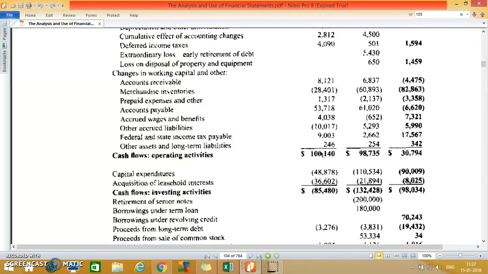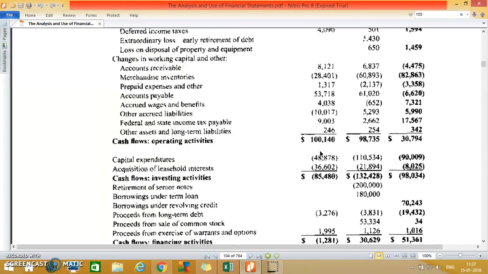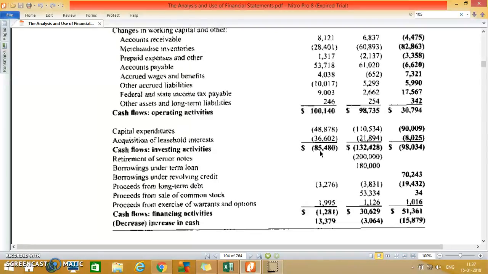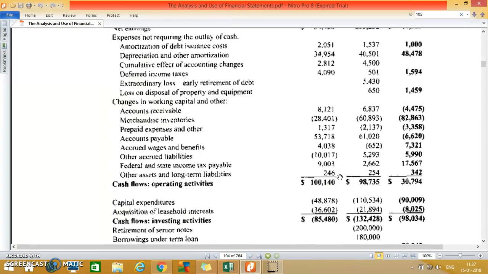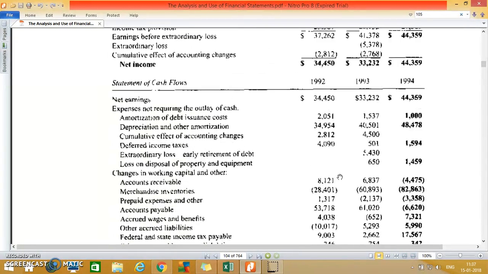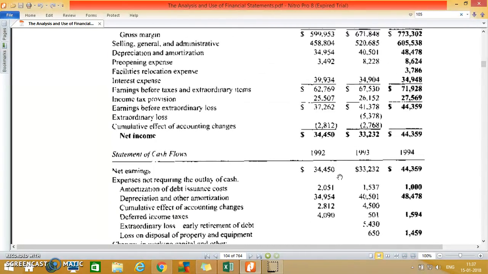And then you find that the cash from investing activities and the cash from financing activities have been given. One noticeable difference that I find from the problems we have been doing is again the interest expense. As I said, whenever there is this net earnings, you actually adjust for all the non-cash expenses. At the same time, we also adjust for all the non-operating expenses.